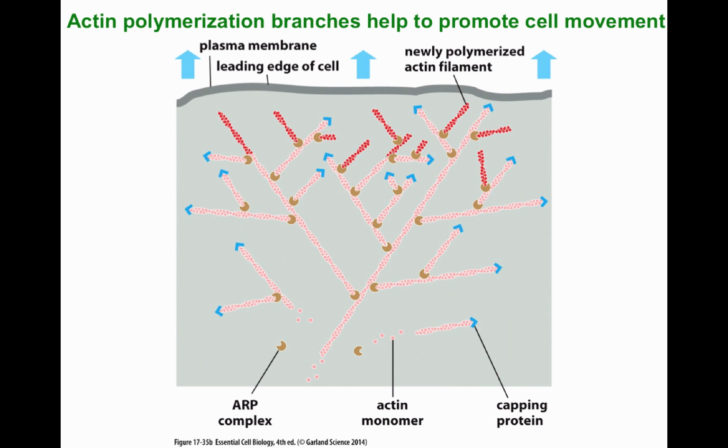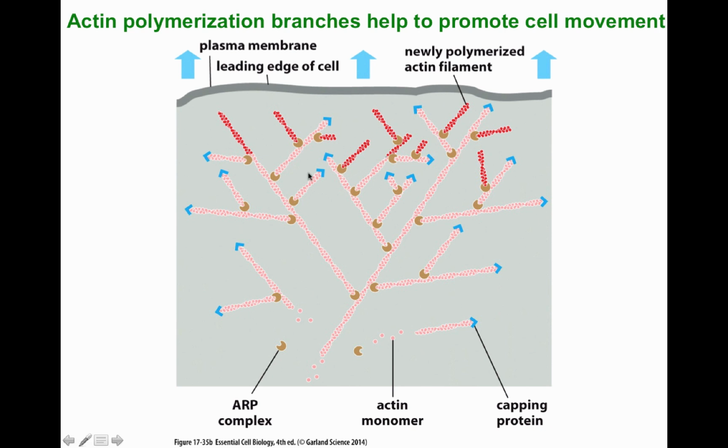So at the leading end of the cell, what you have are complexes of ARP that are binding and therefore allowing the nucleation of actin filaments forward, and those are going to interact directly underneath the membrane of the cell, pushing it in the direction of the polymerization.